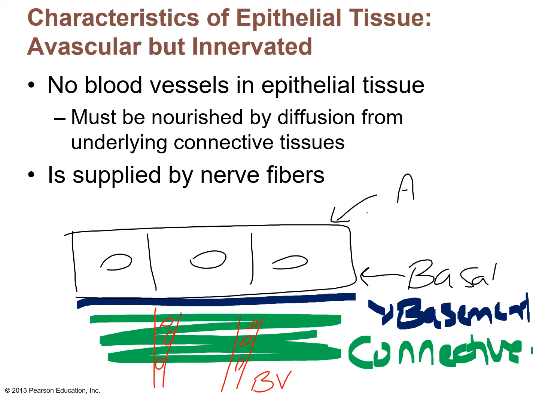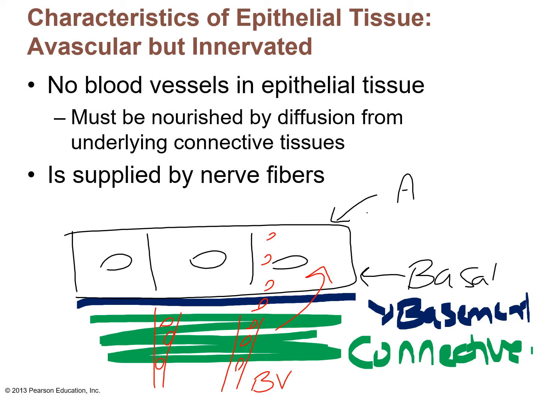Now, are those blood vessels going to reach up to my epithelial tissue? No, they're not. But the nutrition within your blood vessels, or the gases, like oxygen, for example, are actually going to be able to move up. So as you can see, they are diffusing into your epithelial tissue.